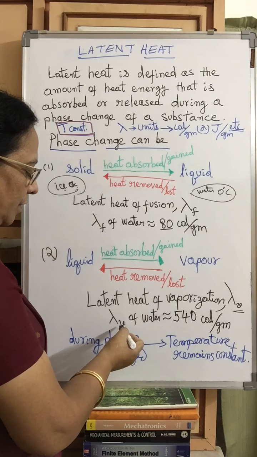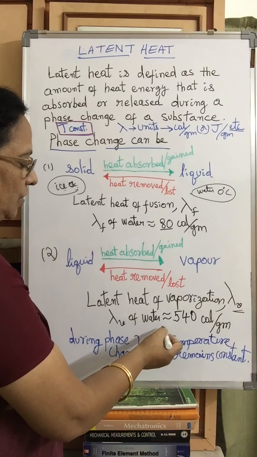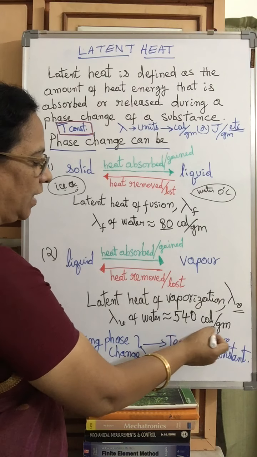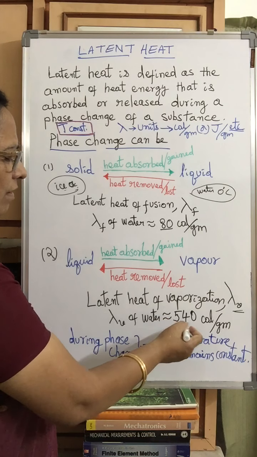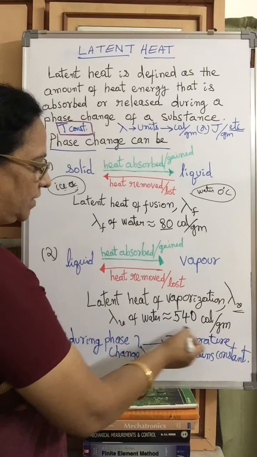For example, the latent heat of vaporization of water is nearly 540 calories per gram. So what does it mean?